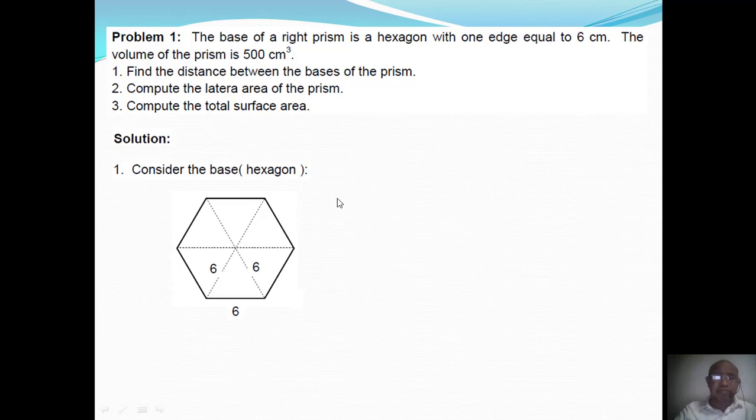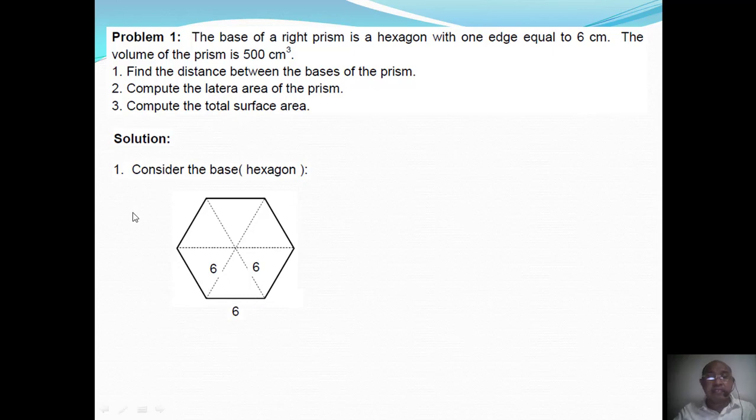Take note that for a regular hexagon, when you divide it into triangles, each triangle here is equilateral. So you have 6, 6, 6, because this angle is 60. Each angle here is 60: 360 divided by 6. So if we have here 60, then each here is also 60.